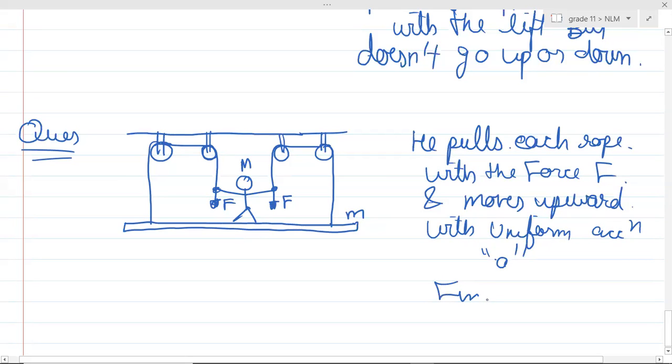Then the question is to find A. So please remember, if A has been asked, you need to find A in terms of F, M and small m. G will be allowed, because G is a constant, we know the value of G.